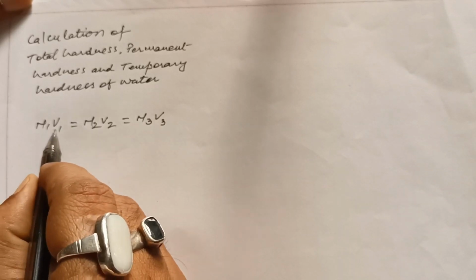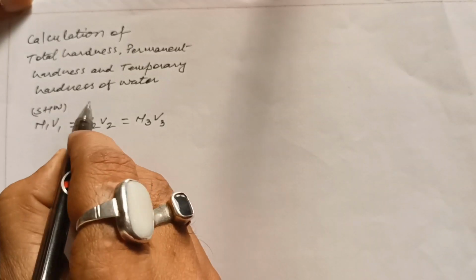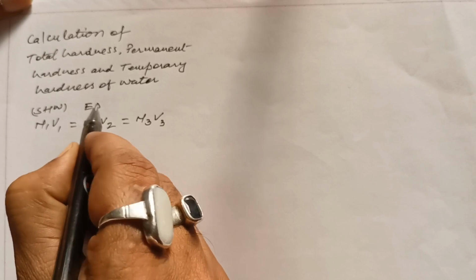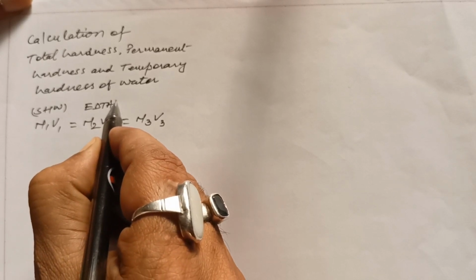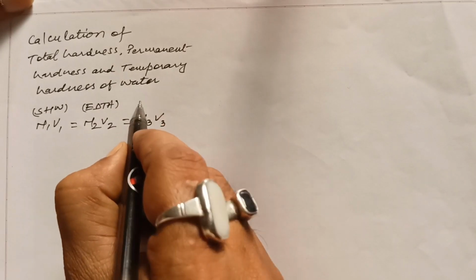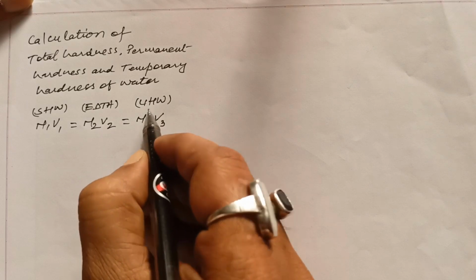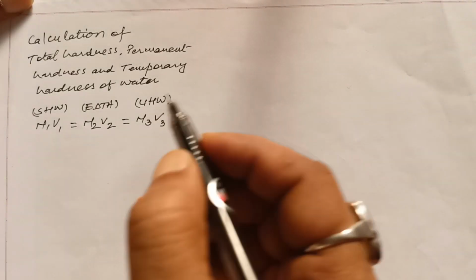But this normality and volume is for standard hard water whose hardness is known to us. This N2V2 is for EDTA solution, the disodium salt solution of EDTA, and this N3V3 is for the unknown hard water sample, UHW, whose hardness is to be known.